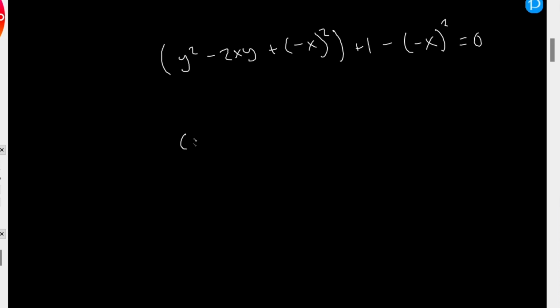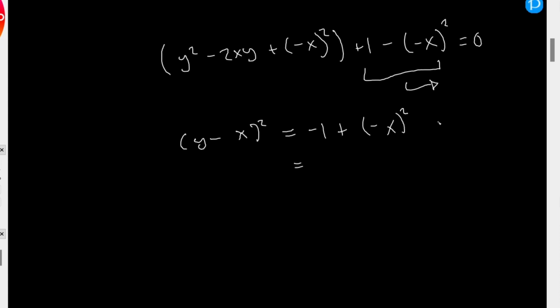And then we have y minus x squared, which is equal to, and you want to get this section and move it over to the other side. So we have minus 1 plus x squared.